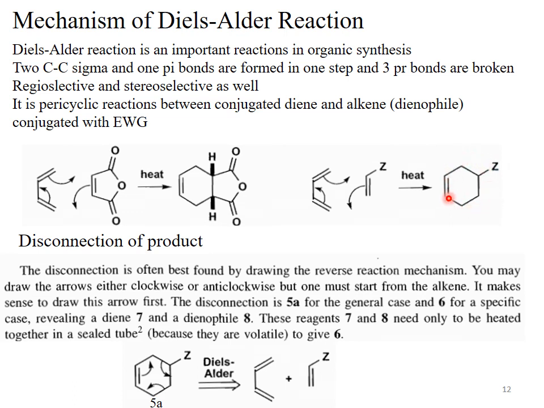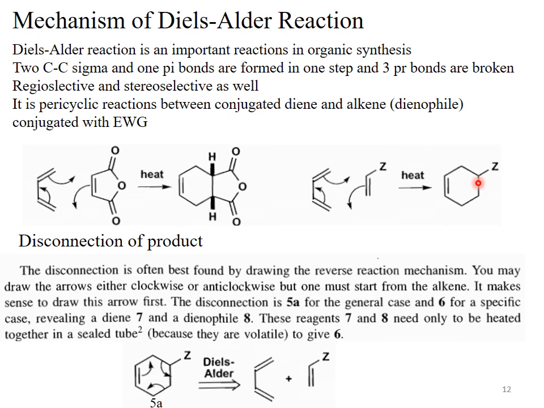Disconnection is best found by drawing the reverse reaction mechanism. If we move from left to right, then it is the forward reaction and it gives us reactant to product, and the reverse of the synthesis is disconnection, or it's called retrosynthesis. If we perform retrosynthesis in a Diels-Alder reaction, then it is called a retro Diels-Alder reaction.